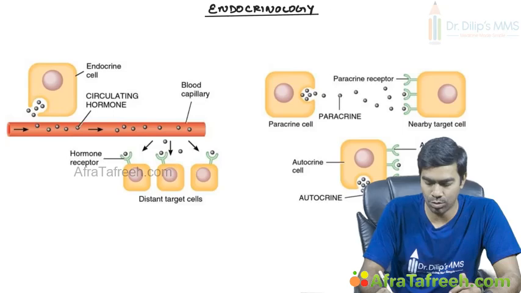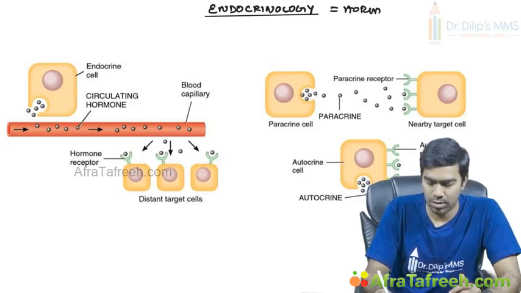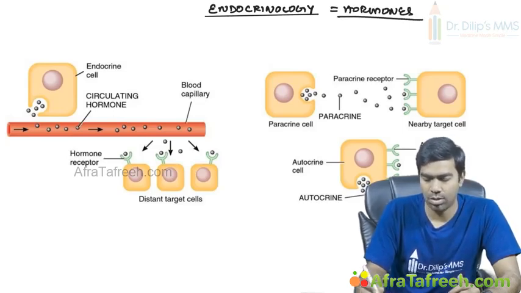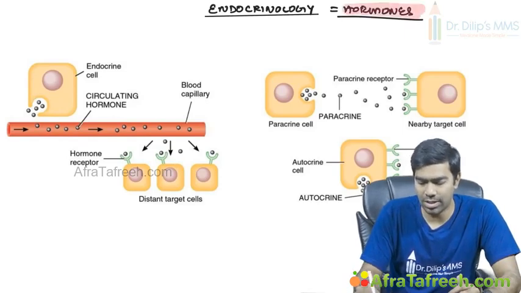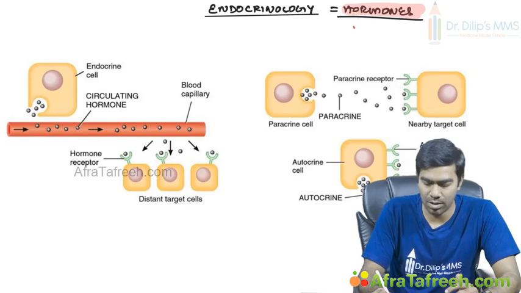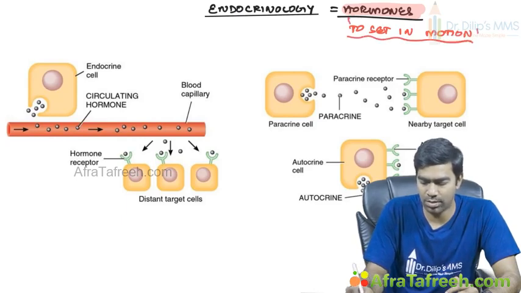So as I told you before, endocrinology is a science that's going to deal with hormones. So what do you mean by a hormone? Hormone literally gets translated into something called to set in motion. So this is what you mean by a hormone in the first place.